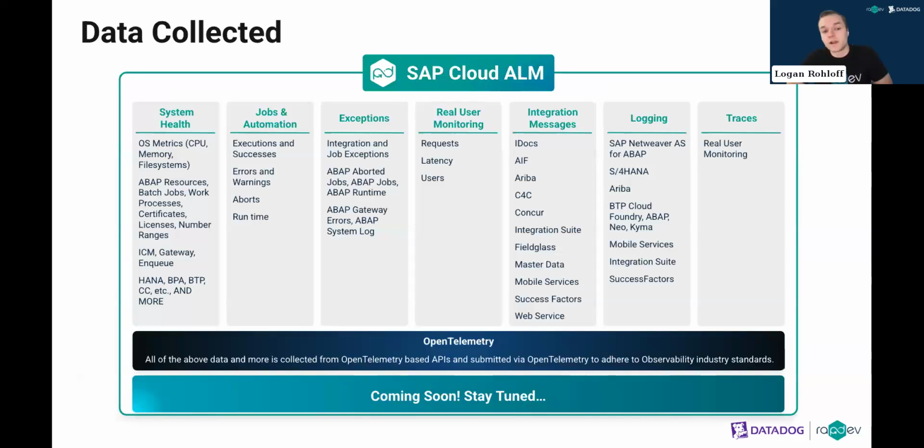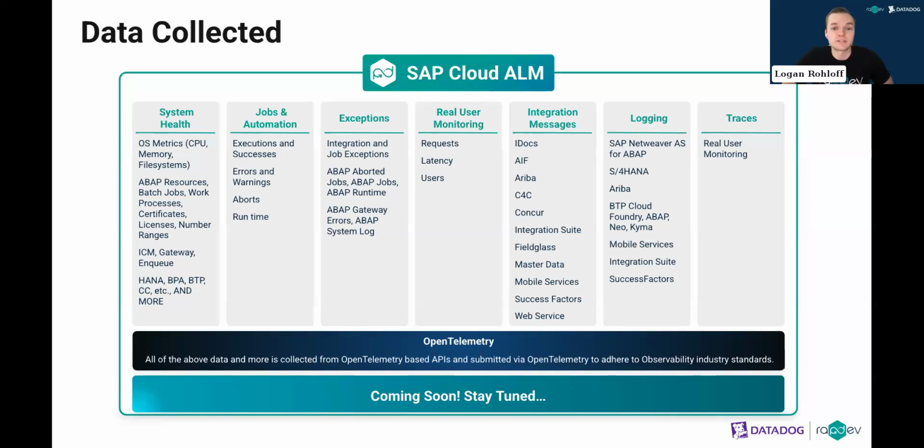And I'm not going to go through every single piece of this because there's a lot of aspects that we do collect data for. But this image displays a fairly good summary of the overall multitude of different data types and providers that this integration will cover.